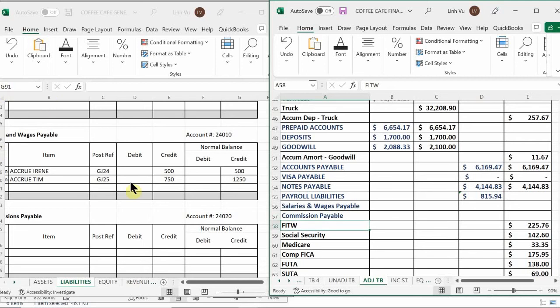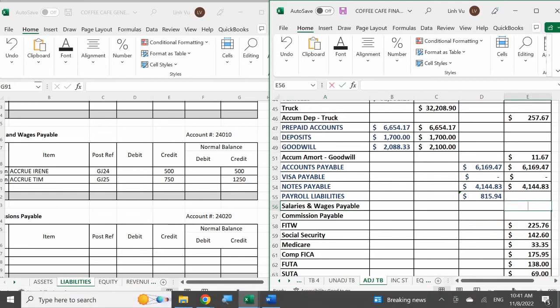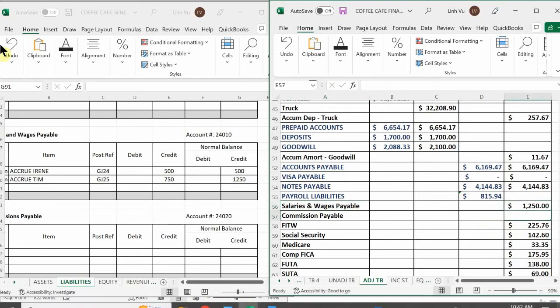Okay? So again, since they're blue, I need to change that color to black because they're sub-accounts. For my salaries and wages payable, it's currently at $12.50. Okay?